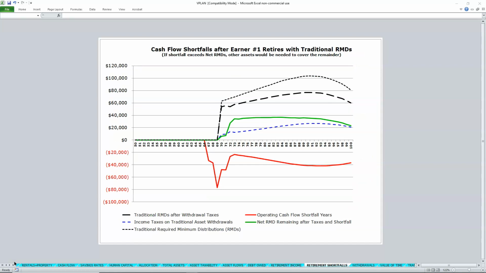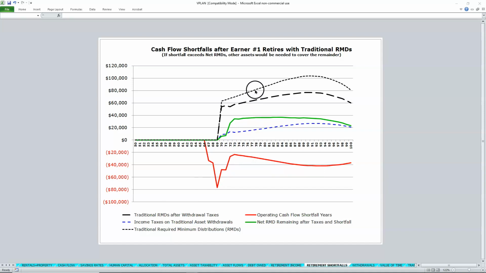This retirement cash flow shortfalls graphic takes a closer look at the projected coverage of negative cash flow by required minimum distributions in years after earner number 1 has retired. First, the solid red line is any projected operating cash flow shortfall during retirement. This equals the cash flow graphic for years after earner number 1 is retired.